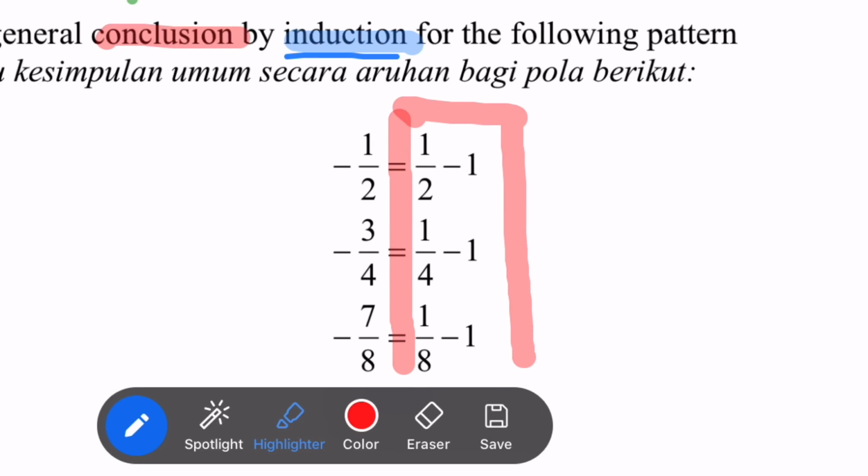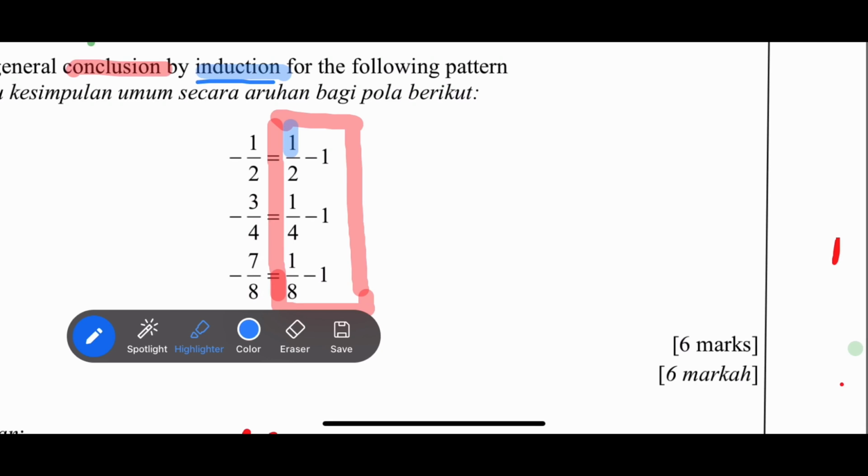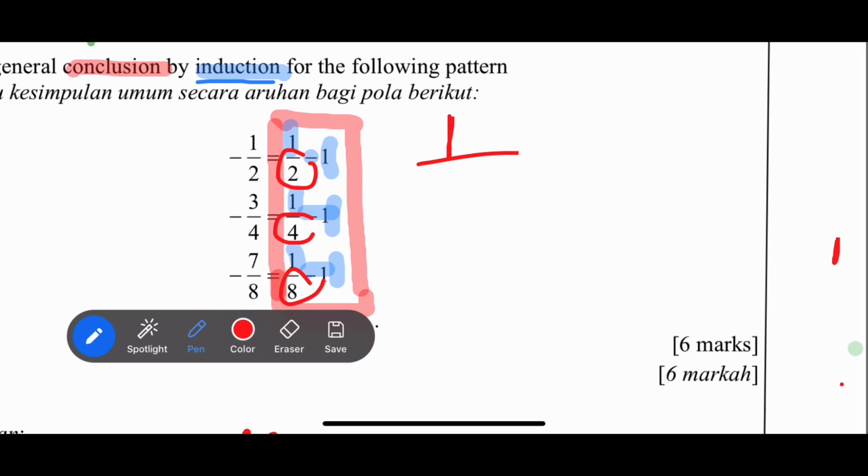Take out your highlighter. You need to highlight for every term you study. There is a 1, minus 1, 1, minus 1, 1, minus 1 that remain unchanged, right? So that means we'll copy down the pattern which keeps unchanged, and the one that changed, we'll leave it first. Alright, so we have 1 which remains unchanged, minus which remains unchanged, and 1 which remains unchanged, that I highlighted in blue color.